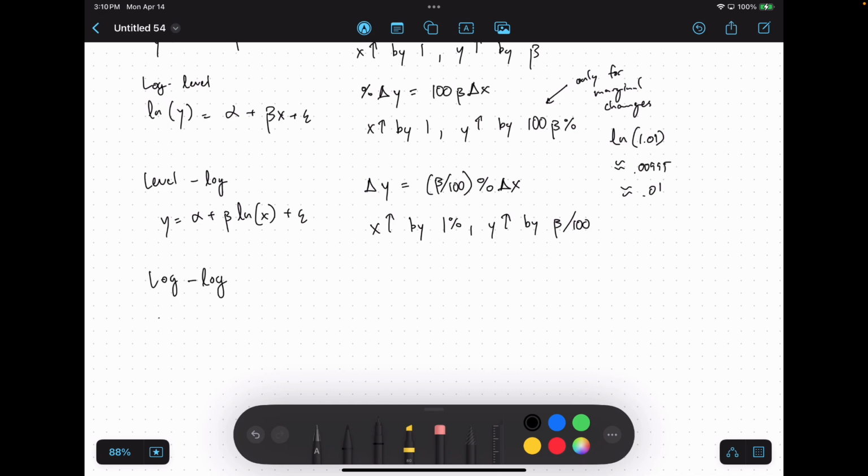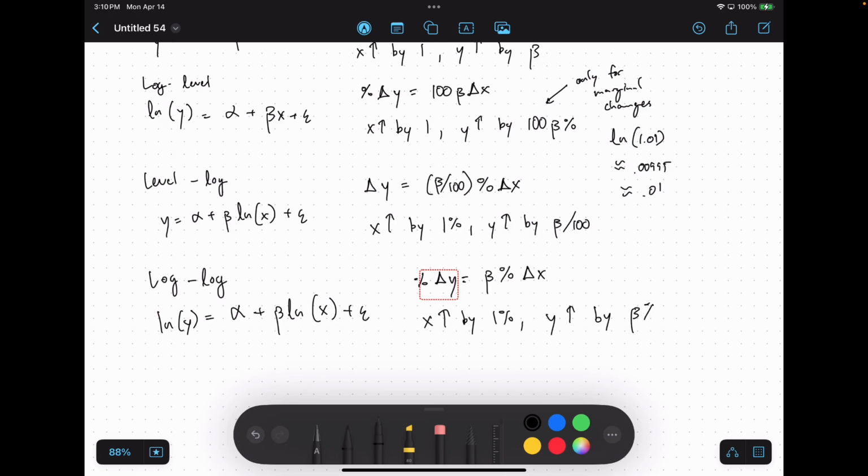And log-log would be ln of y is equal to alpha plus beta ln x plus epsilon. So this would be percent delta y is equal to beta times percent delta x. So if x goes up by 1%, y goes up by beta percent.